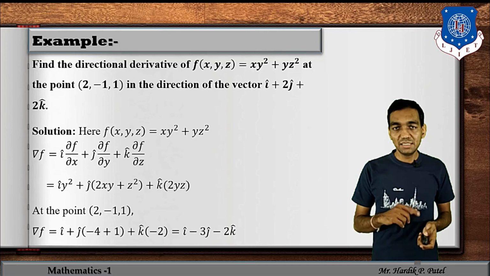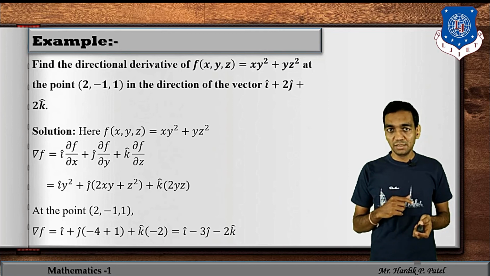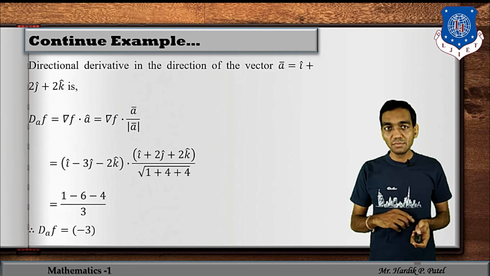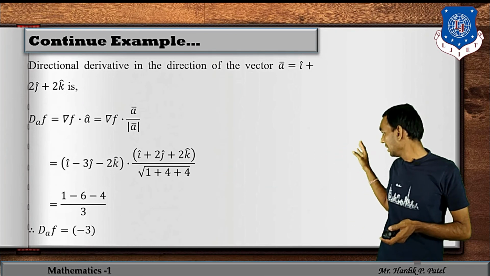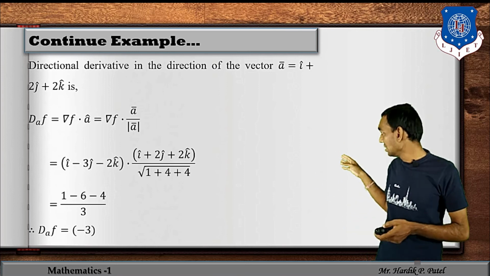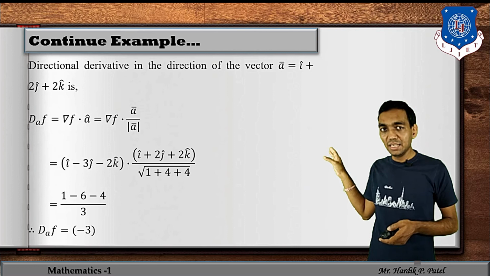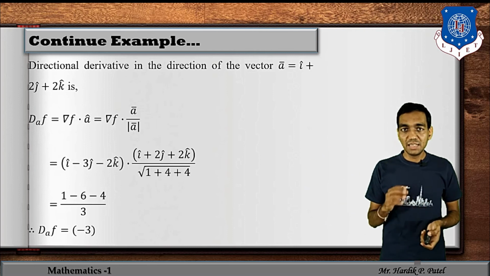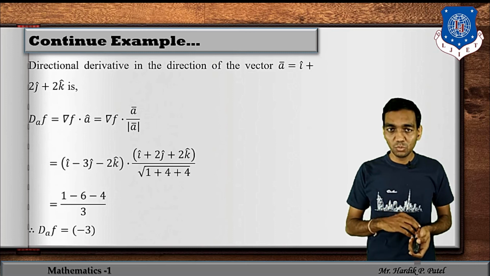Now the direction vector is i plus 2j plus 2k. So a bar is i plus 2j plus 2k, and therefore if you are finding a cap, then it is a bar upon mod a bar. So the directional derivative capital D a of f is equal to grad f dot a cap, that is grad f dot a bar upon mod a bar.